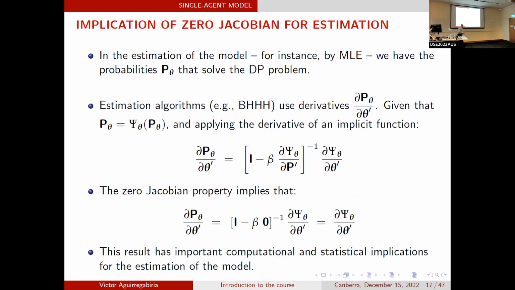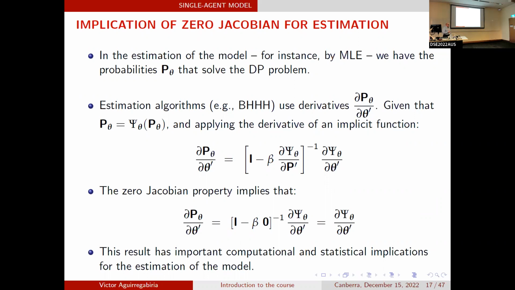What we are doing in the maximum likelihood estimation, if we are not taking into account that these properties are only true at the fixed point, is that we are calculating all the time this type of matrix, and this can be very complicated.